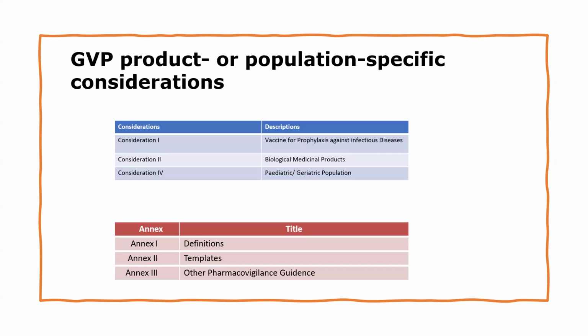As I told you, GVP modules have some special consideration for product and population. So what are those products? Those are the biological products or the vaccine products. And what are the special populations? The geriatric patient and the paediatric patient. Why do these have special consideration? Because vaccines and biologicals require more emphasis and more preservation, because those are biological products.